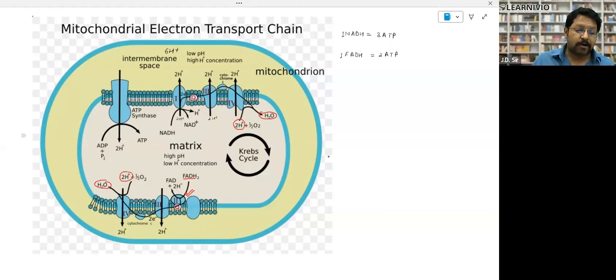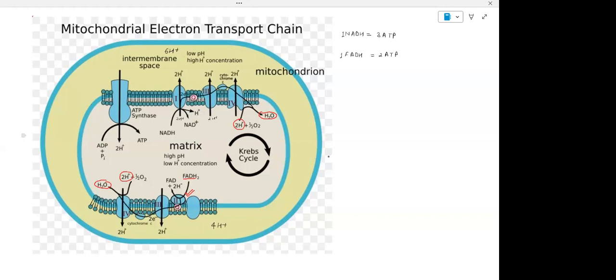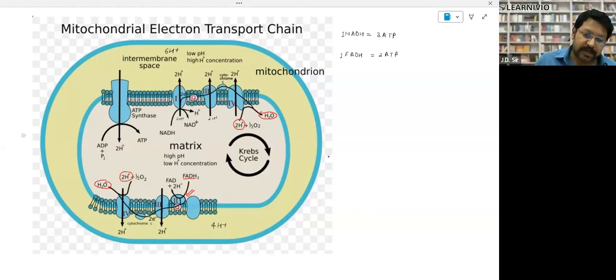So how many hydrogen ions are pumped in due to breakdown of FADH2? How many, Alia? 4 hydrogen ions? Yes, right. Finally, as in the above process, the electrons are taken by the oxygen molecule and formation of water takes place.